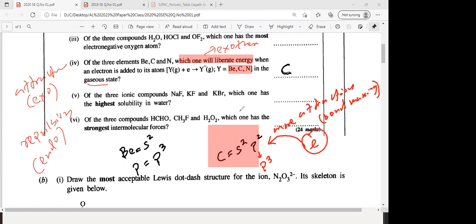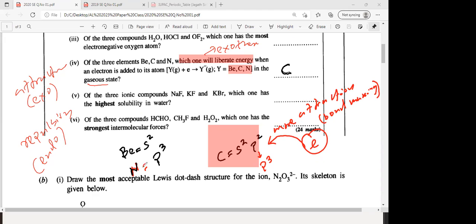Therefore, more energy is given out. But this one has repulsion, so that is endo, that is positive. That means more energy is required to supply the electron to this p3. It's not beryllium, this is nitrogen, sorry about that. This is N, p3.